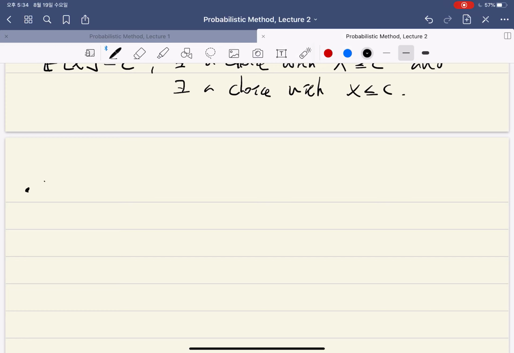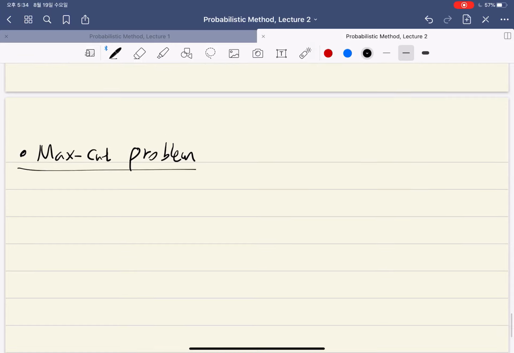Let's consider some example on how we can use this. Let's not give the name, give the number. So the max cut problem. Let's first consider this problem.